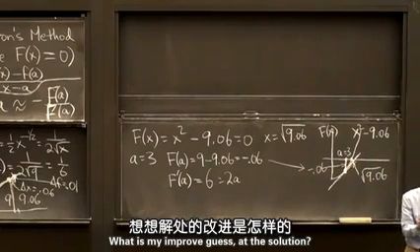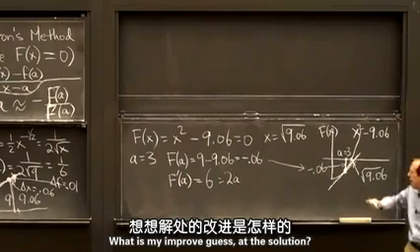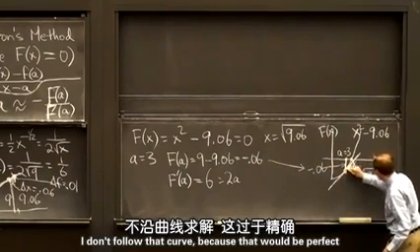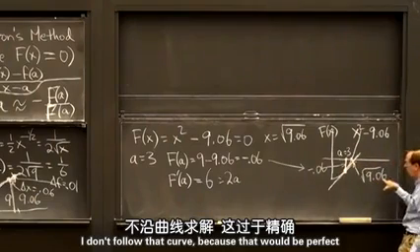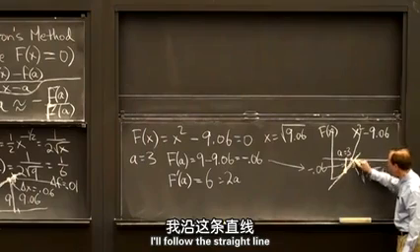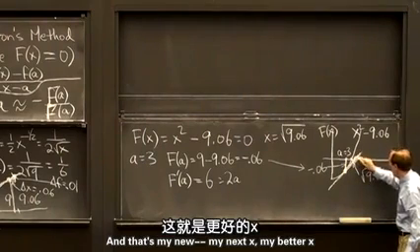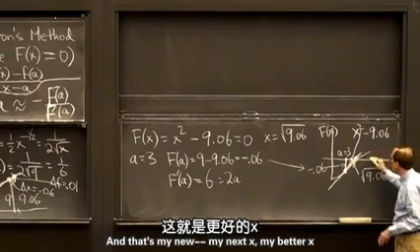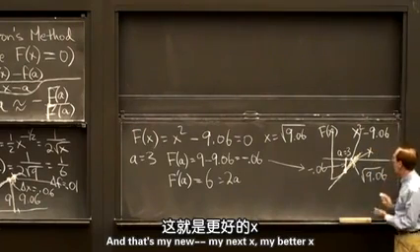What is my improved guess at the solution? I don't follow that curve because that would be perfect, but curves are hard to follow. I'll follow the straight line, and that's my next x, my better x.